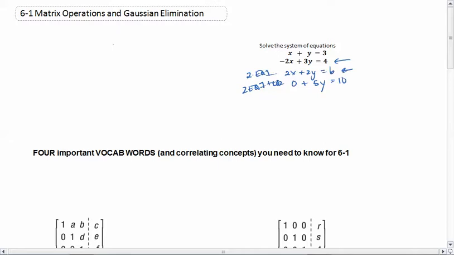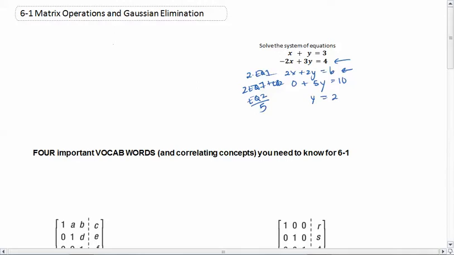Now, this is my new equation 2, so if I wanted to reduce this even more in order to solve for y, I would say equation 2 divided by 5. We're just dividing by 5 on both sides. That would give me y equals 2.